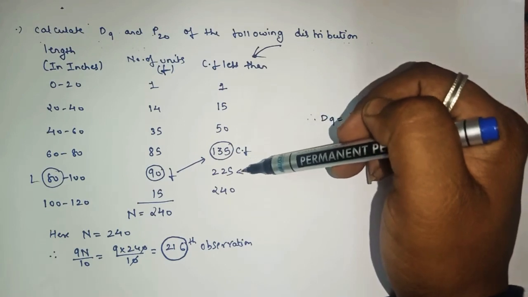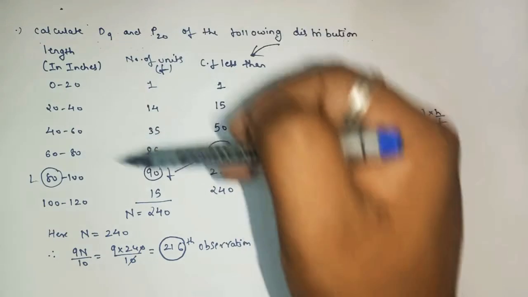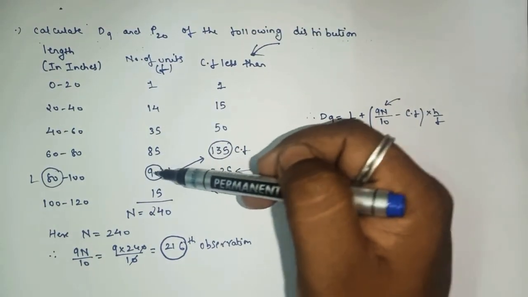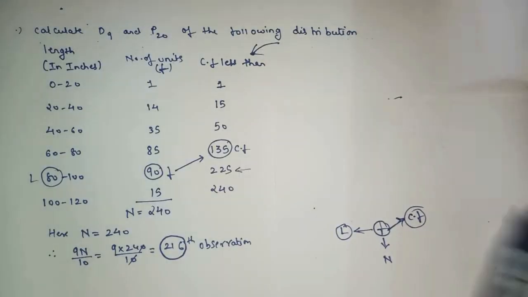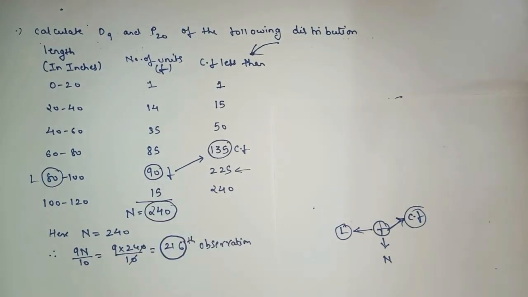So clearly we can see that it lies somewhere in this class, between 80 to 100, yes or no? So this will be our frequency of deciles. This will be L as per the structure, yes or no? Cumulative frequency will be 135, and this is the total frequency.